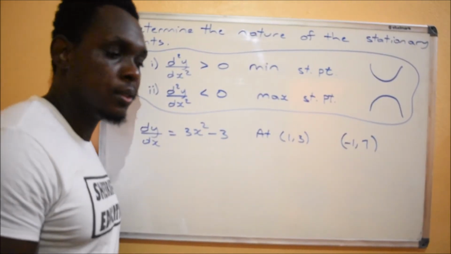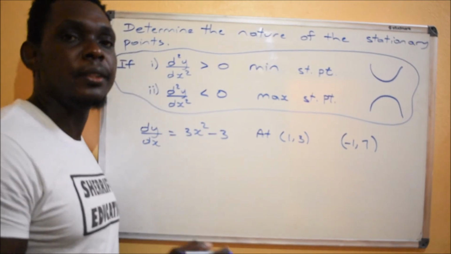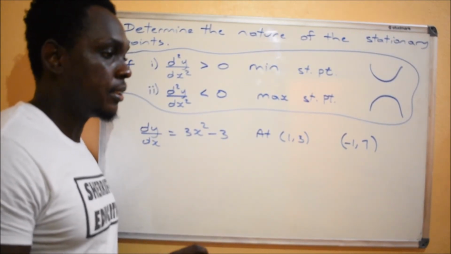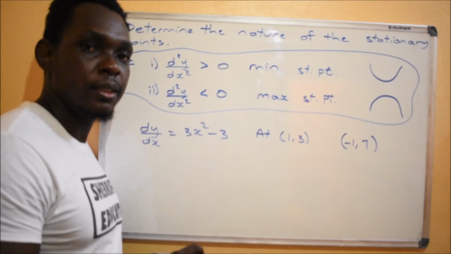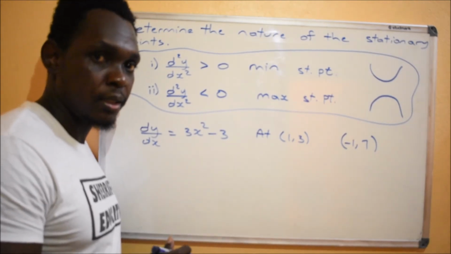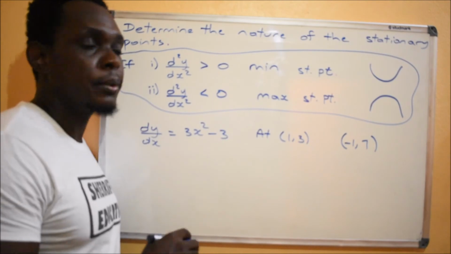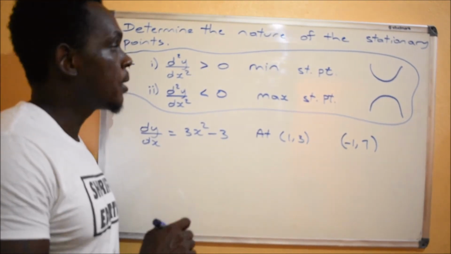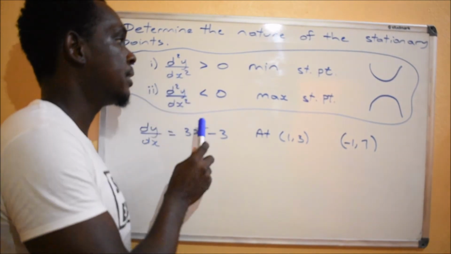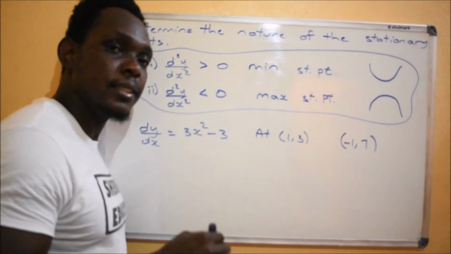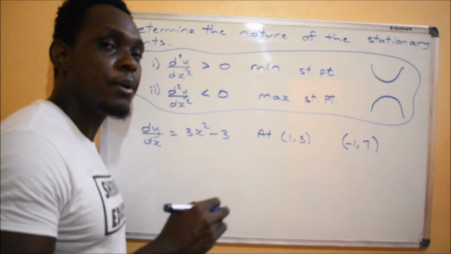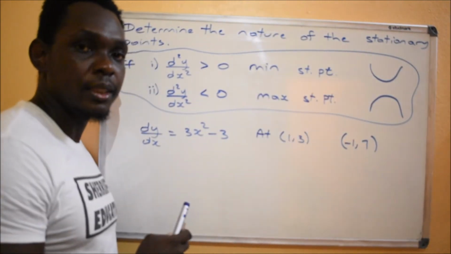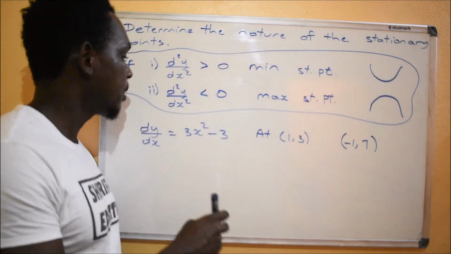Alright, now we'll look at how we determine if our stationary point is a maximum turning point or a minimum turning point. To do that, we're going to use our second derivative. If the second derivative is greater than 0, so if it gives you a positive number, then we have a minimum turning point.